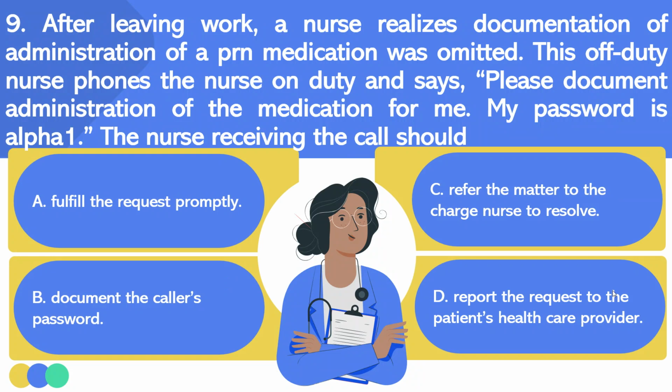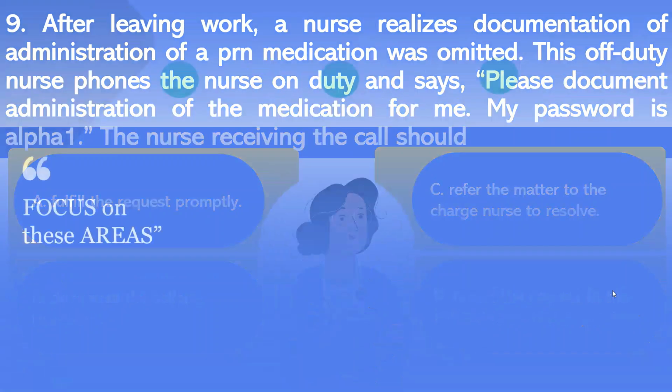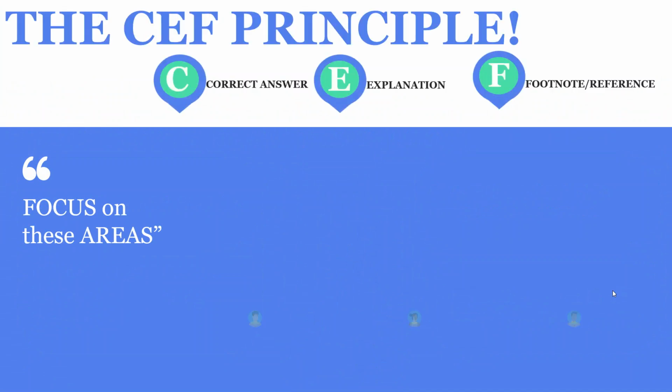Notifying the healthcare provider would be unnecessary when the charge nurse can already resolve the problem. And as nurses, we should not provide passwords to others because that is part of our own identity and it might be used against us. Number nine, the answer is letter C.